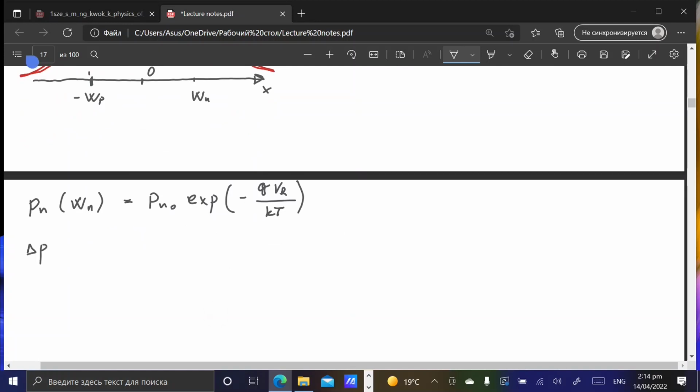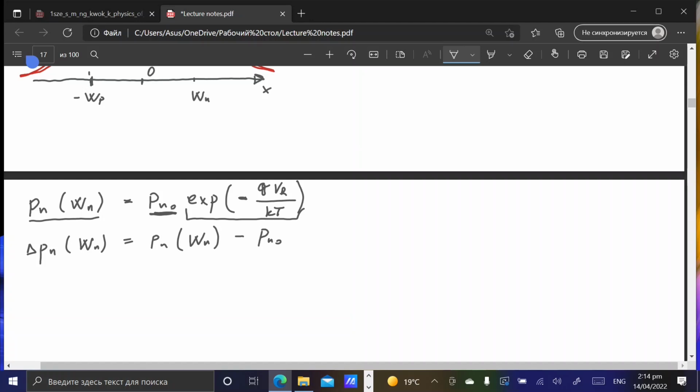Now delta Pn at this coordinate Wn will be equal to Pn at Wn minus Pn naught, equilibrium. But here you see that since we have minus here, this guy will be much smaller than this guy because this exponent is with negative argument.